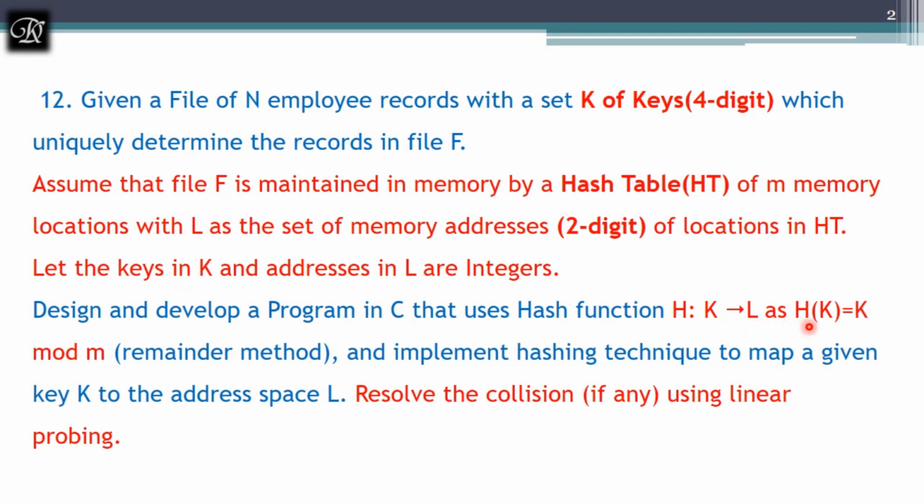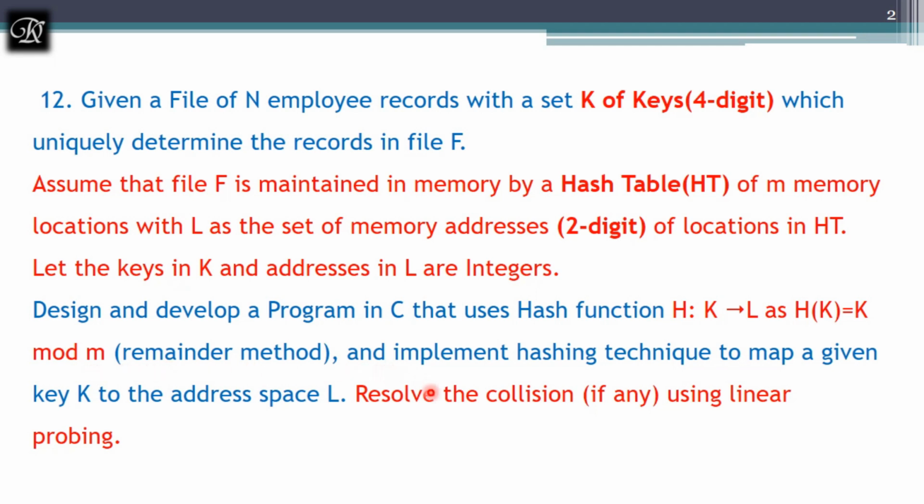The function goes like this: h(k), the hash function of k, will be k mod m. We take a key on which we apply mod m, and we'll get a 2-digit memory address.